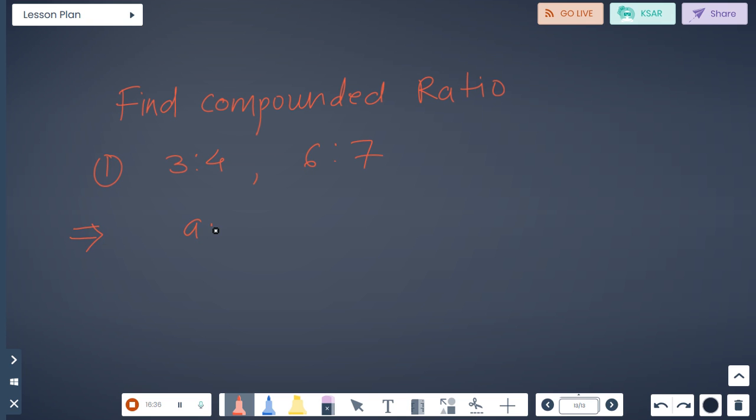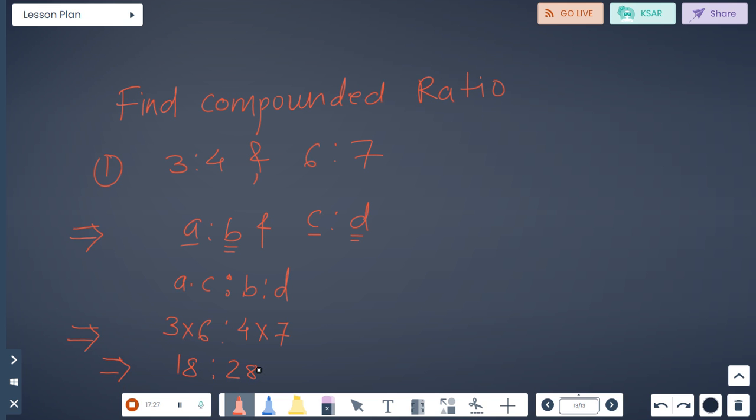If A is to B and C is to D are two given ratios and we have to find the compounded ratio, simply multiply A with C. That means A multiplied by C is to B multiplied by D. So the compounded ratio of 3 is to 4 and 6 is to 7 becomes 3 multiplied by 6 is to 4 multiplied by 7. 3 multiplied by 6 is 18, and 4 multiplied by 7 is 28.